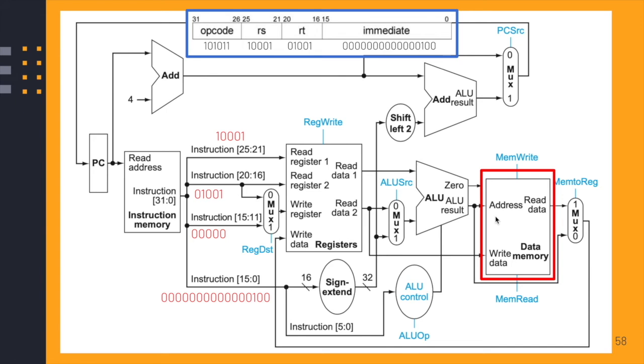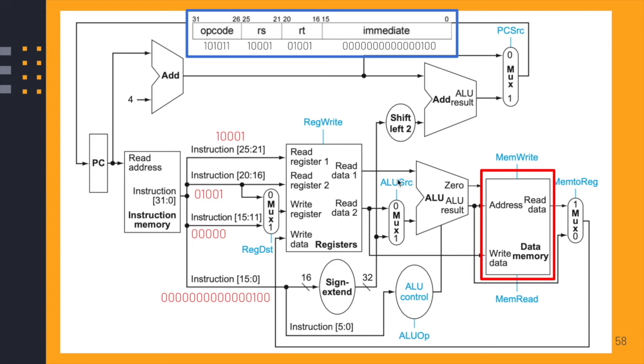Now I need to know where is the data that I need to store. The data was the value of register RT, and as you can see, read data 2 contained the value of register RT. You can see here we have a connection or a line going directly to the data memory called write data. This write data contains the data to be written to the data memory.